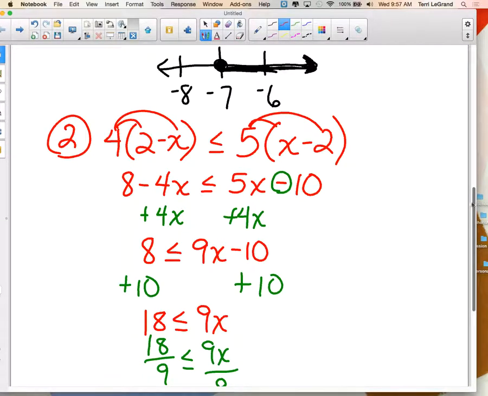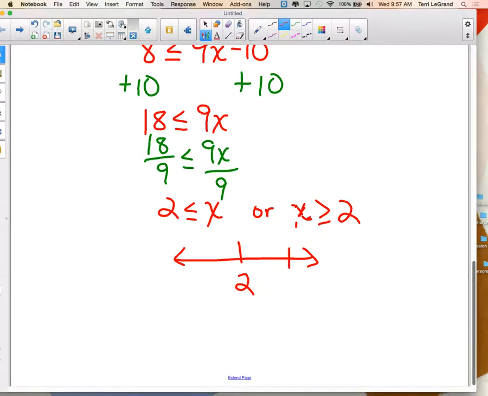And so after this, we would check one of the integer neighbors according to where we get our shading. Which integer neighbor would we check here? 3. We can say, is 3 greater than 2 to see if we shaded the correct side? Yes. So once we check the endpoint, we don't have to take that 3 all the way back up to the beginning and check it necessarily.